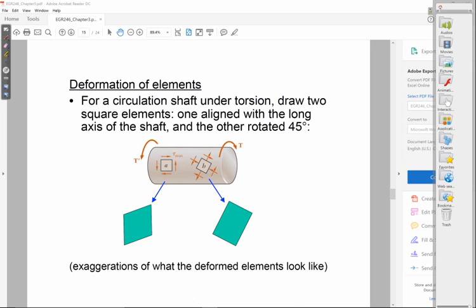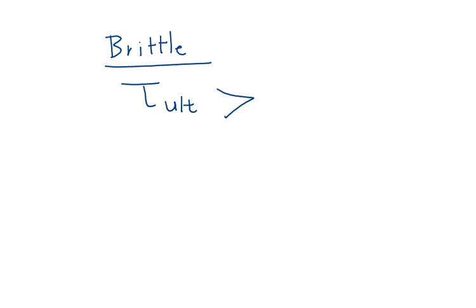In terms of symbols, for a brittle material, tau ultimate is greater than sigma ultimate in tension.